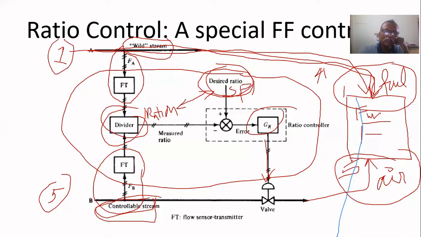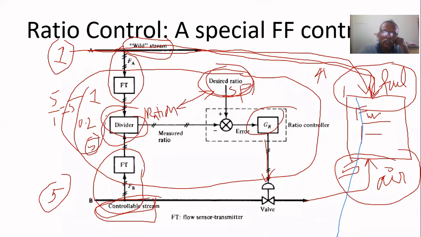One time fuel, five times air. If this is in the denominator, you will get 0.2. Suppose this is in the numerator and this is in the denominator, you will get 5.